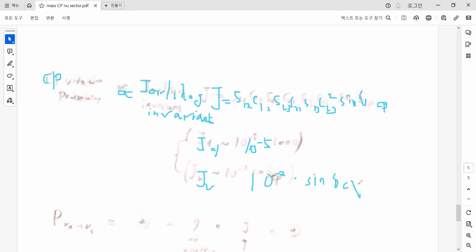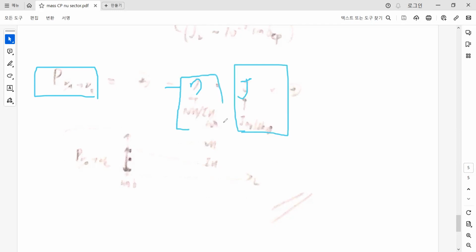So in the neutrino sector, the CP violation can be larger than the quark sector. And in the transition probability in the appearance measurement, the second part is proportional to the Jarlskog invariant, and there are normal hierarchy and inverted hierarchy signs. So the transition probability origins are different with the different delta CP.